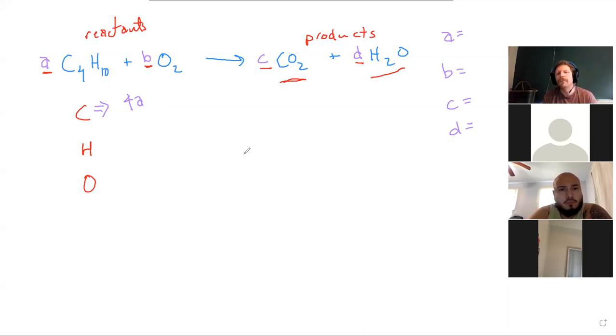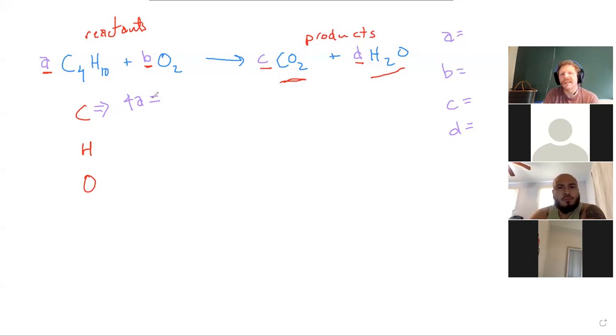Now in molecule B, how many carbons do I have? 0. So I'm going to say 4A is equal to, because I don't have to add it to anything, well, the only molecule on my product side that has carbons. What would that be?